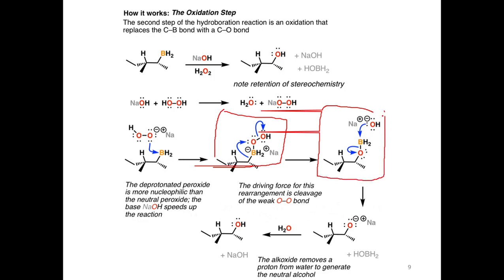After getting the intermediate, what will happen? This oxygen-boron bond will break, because this hydroxy group will attack the BH2 group, and we will get an O minus intermediate of the corresponding substrate, and the counter cation sodium will stabilize this O minus group.